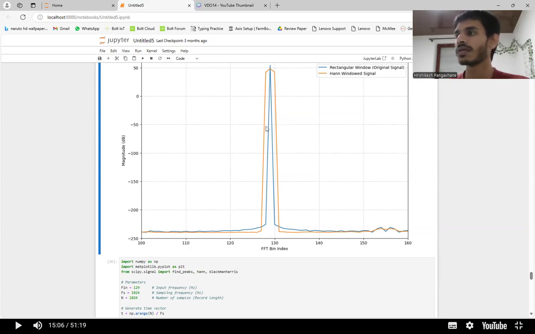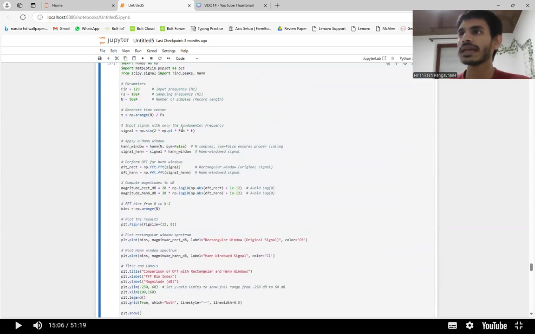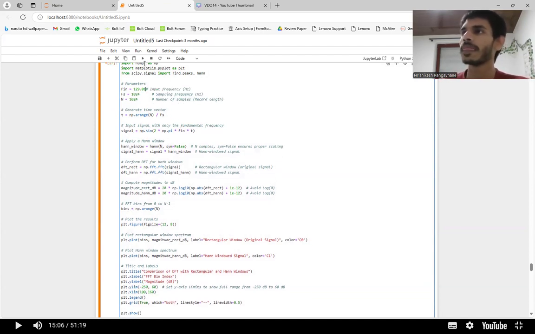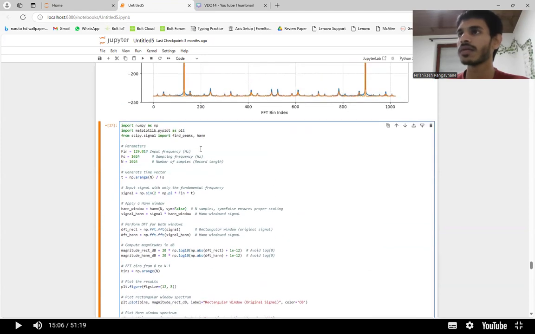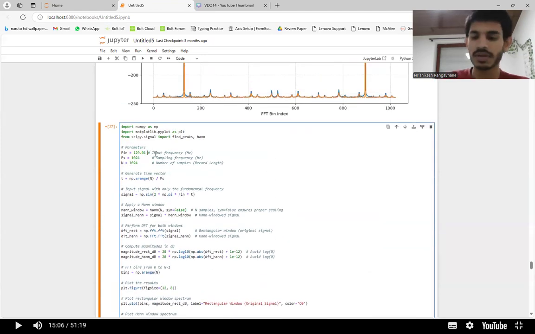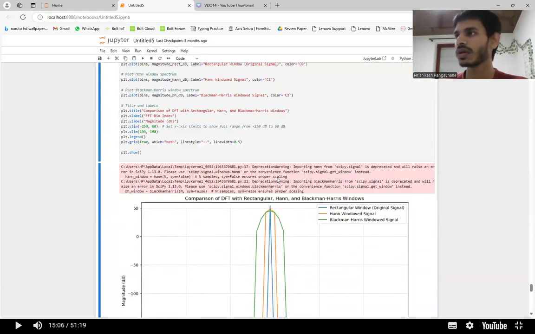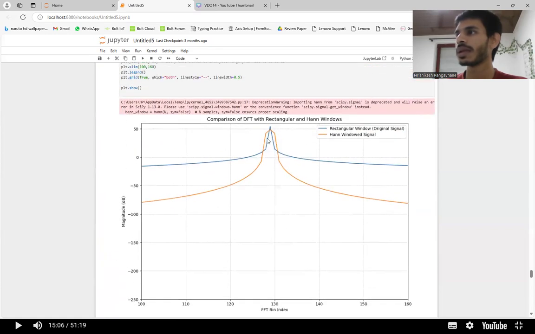But when we look at the leakage, the leakage is caused because the signal is not periodic, right? So if the input is lying on the bin, which is 129 sharp, then we have this graph. But we can analyze the leakage when the input is not lying on the bin, and the situation comes out to be like this.